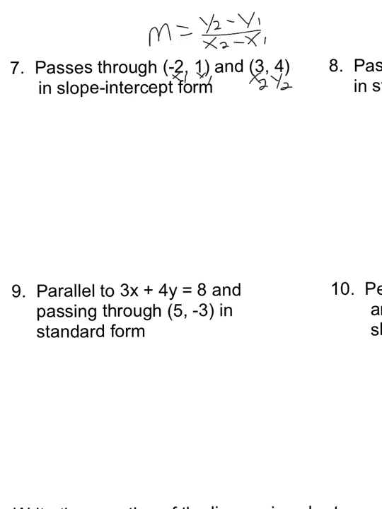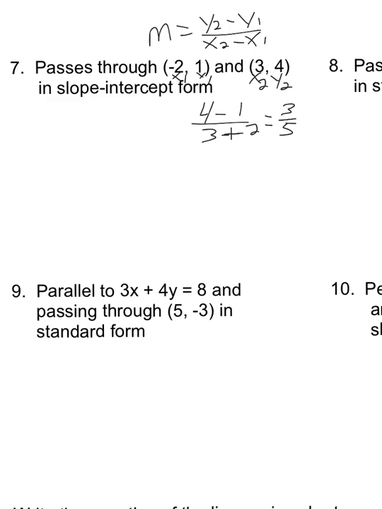Now we plug them straight into that formula. Y2 is 4 minus y1 is 1 over x2 is 3 minus x1, which is a minus 2. That makes a plus. 4 minus 1 is 3 over 5. So that is my slope.